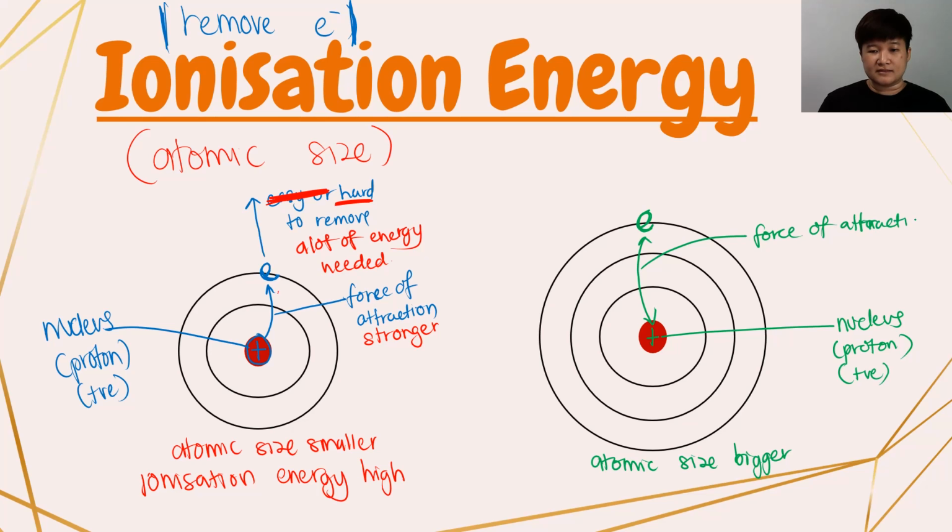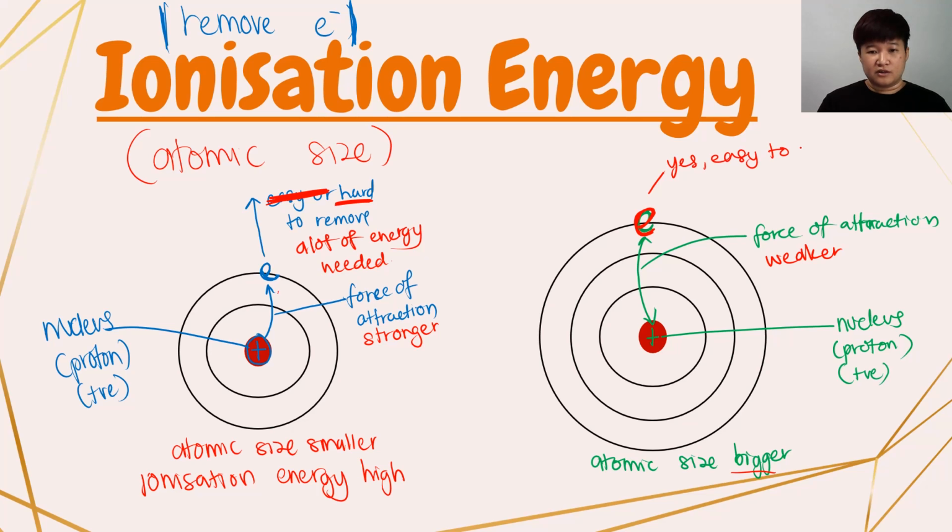The force of attraction is weaker when the size is bigger, because the electron is very far away from the nucleus. Since the force of attraction is weaker, do you think this electron is easy to remove? Yes.